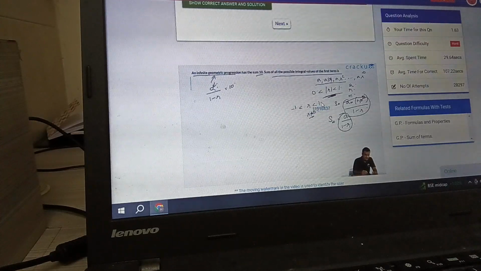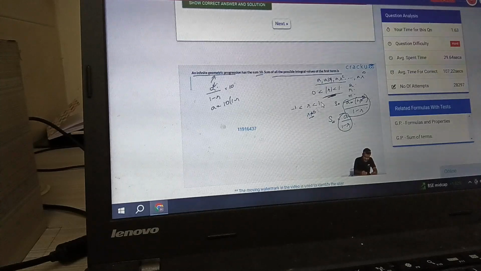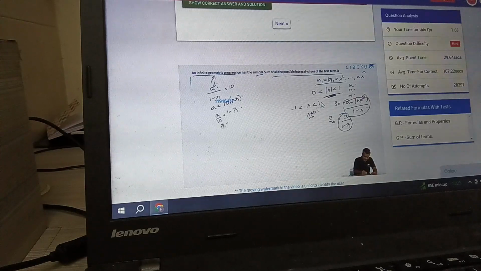So a is equal to 10 into 1 minus r, or a by 10 is equal to 1 minus r, or r is equal to 1 minus a by 10.